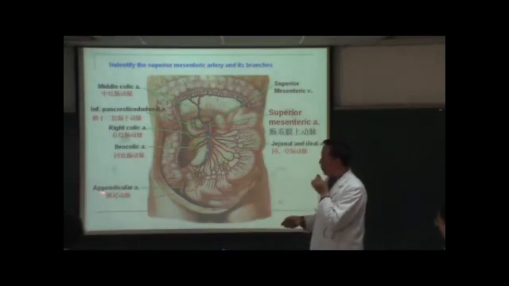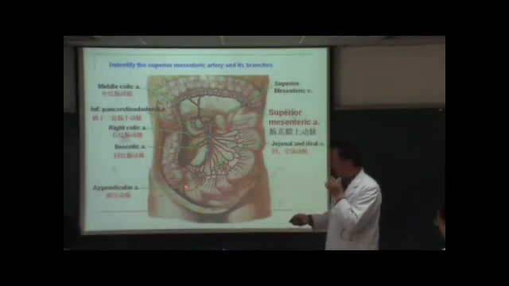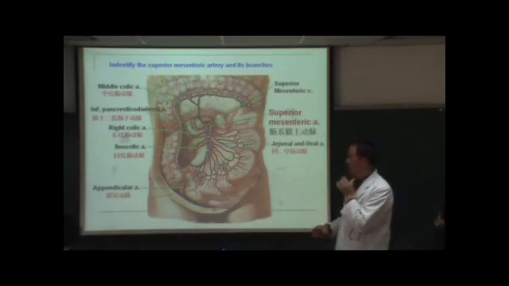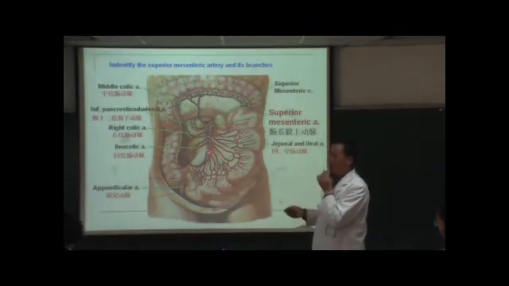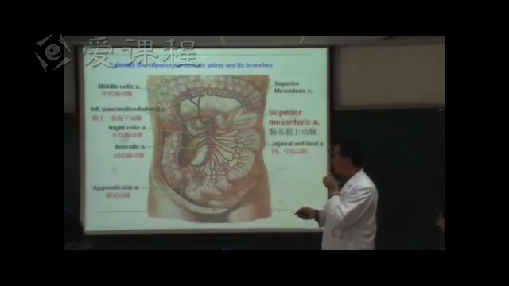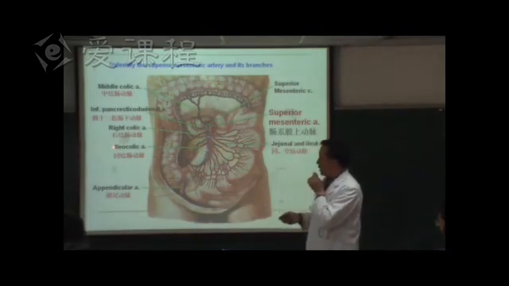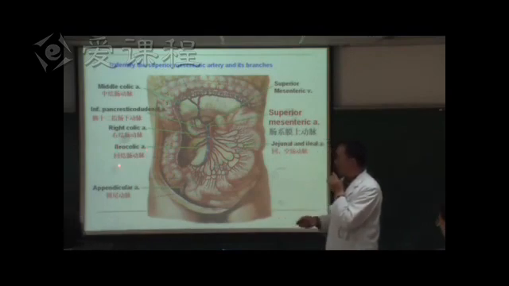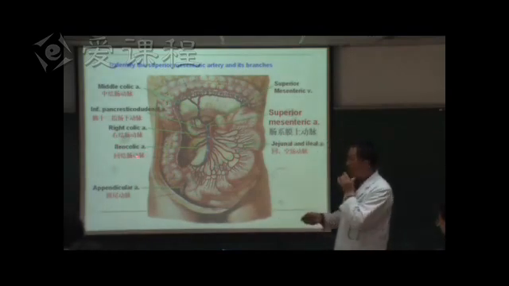This is called the appendicular artery. Here. And just above it, you can find an artery. It's called the ileocolic artery. Ileocolic artery. 回结肠动脉. Read this name. Ileocolic artery.